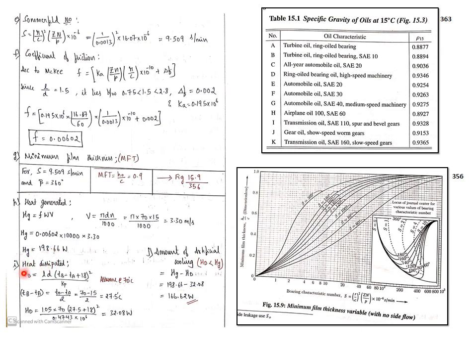Next is heat dissipation. This is the formula which you will get from the data handbook. We have assumed here the operating temperature is 70 degrees. Since this is very much important, here it should be bearing temperature minus air temperature, but we assume operating temperature minus air temperature.